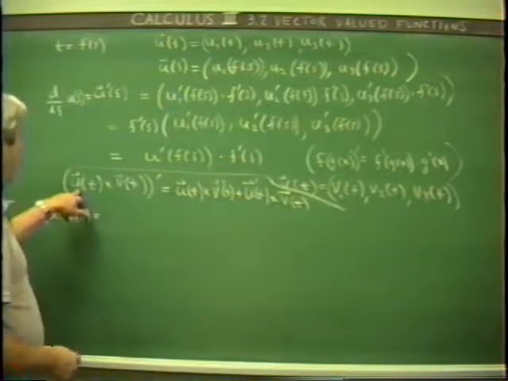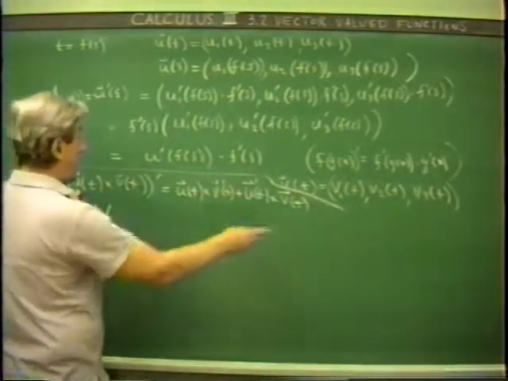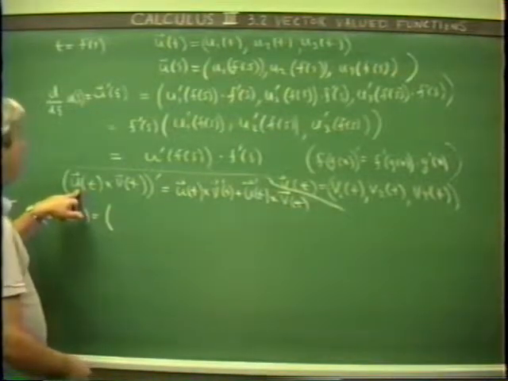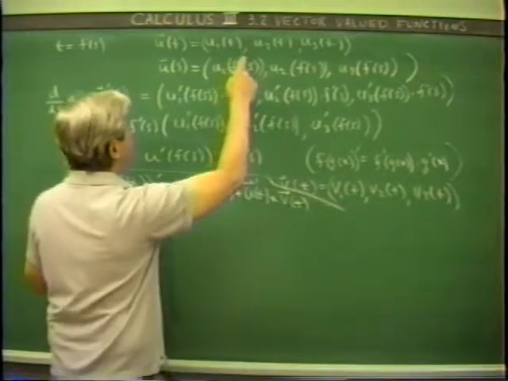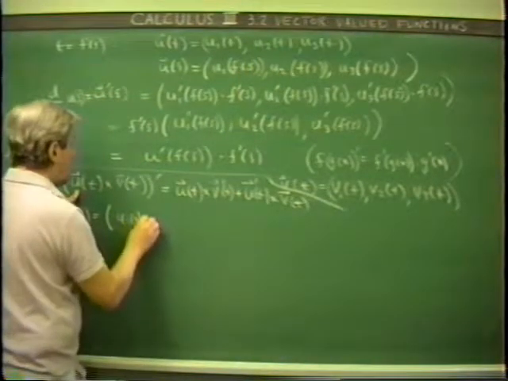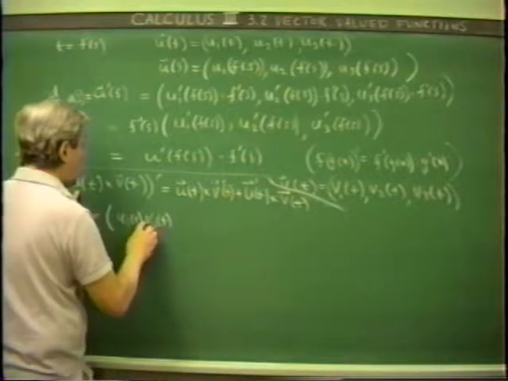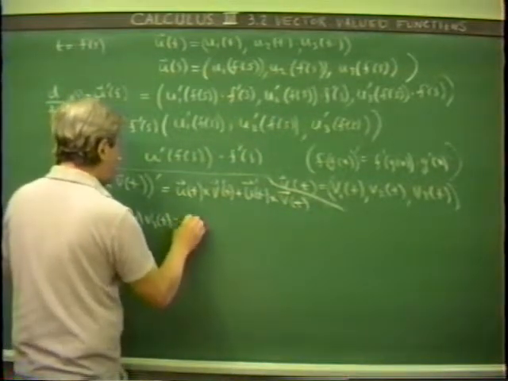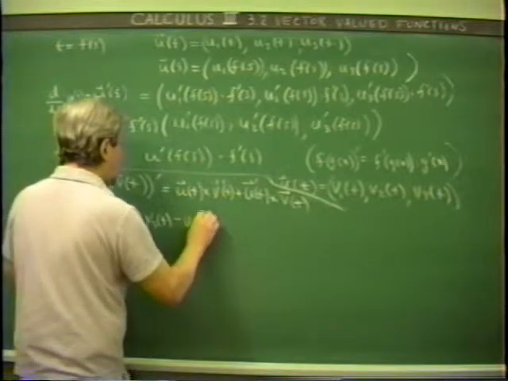It's going to have a first component, second component, third component. The first component is going to be u2 v3 minus u3 v2.